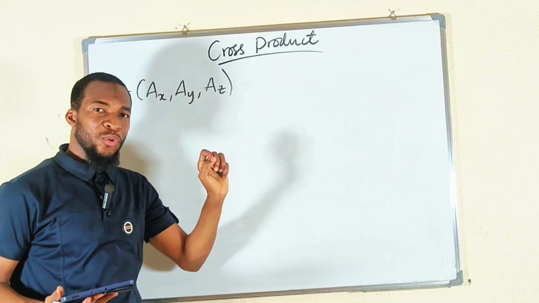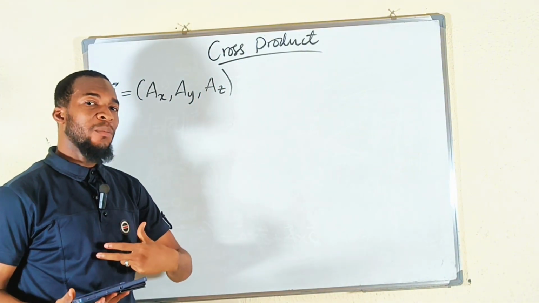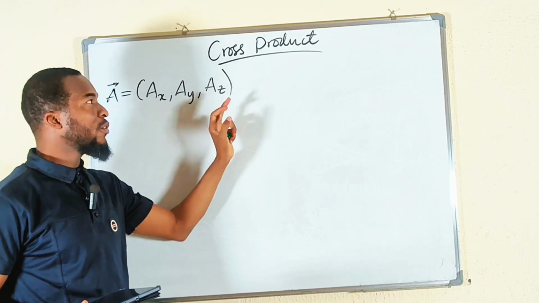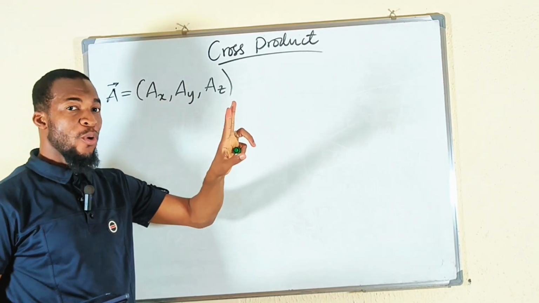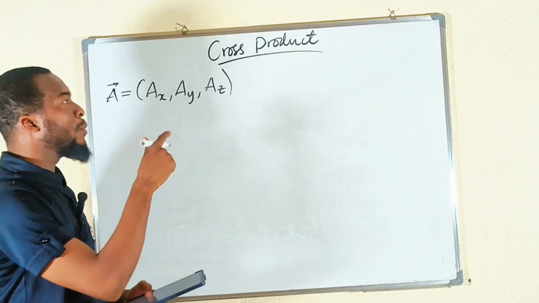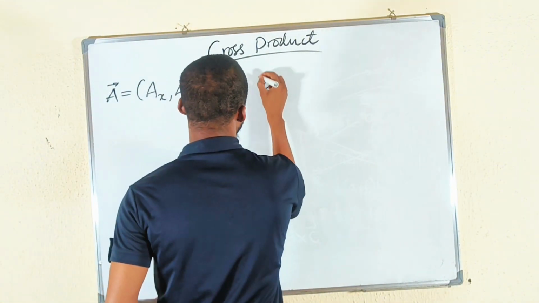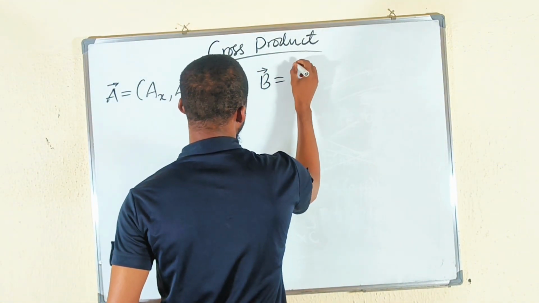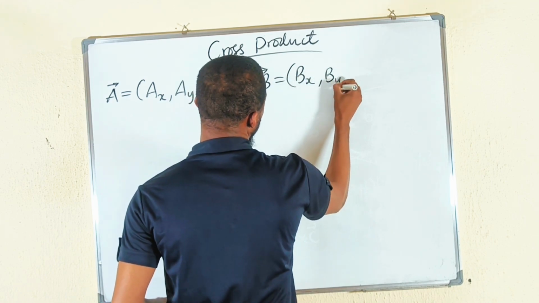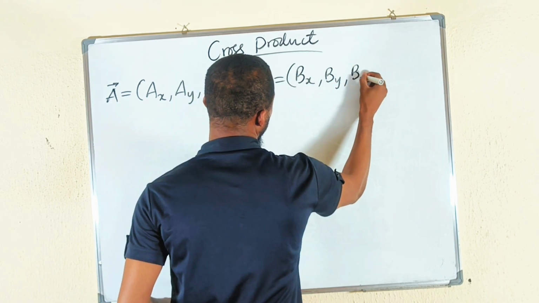When talking about cross product, the first thing that should come into your mind is what? 3 components. Always, you cannot cross a vector with 2 components. It should always be 3 components, please. Then you have another vector B with these components, B sub x, B sub y, and B sub z.